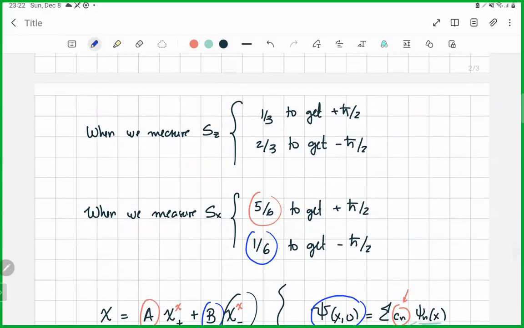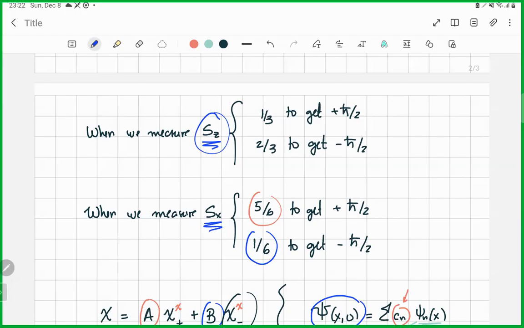We have the probabilities for plus h bar over 2 and minus h bar over 2 when we measure SZ and when we measure SX. It was not asked in the problem, but now that we did that, we could ask, what is the expectation value of SZ?